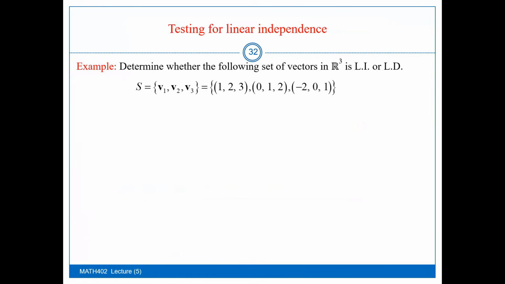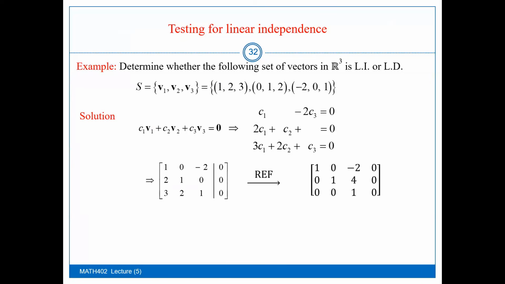So, for example, determine whether the following set of vectors is linearly independent or linearly dependent. These are elements of R3. Here again, we have to show that the homogeneous system has a unique solution 0, 0, 0.